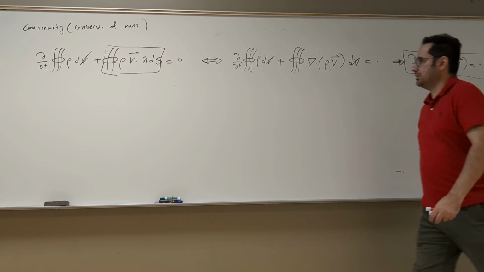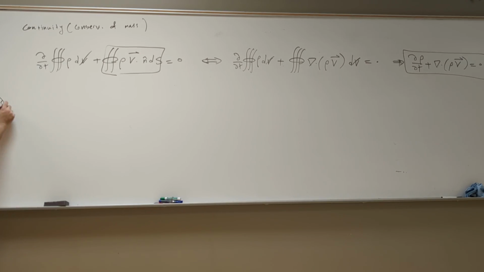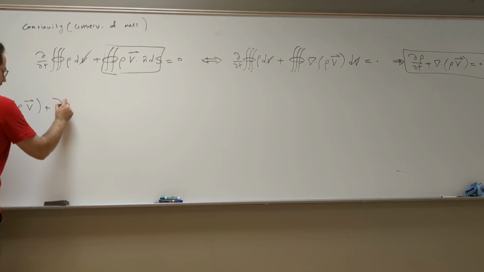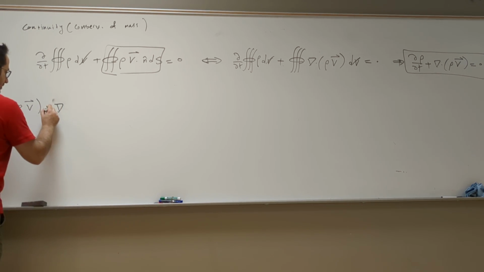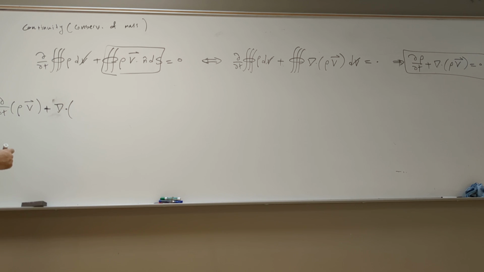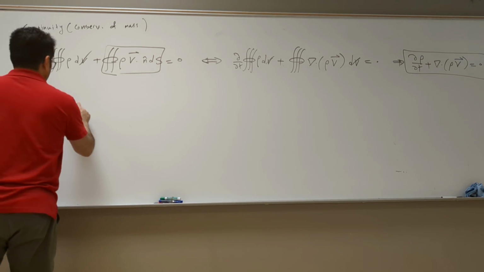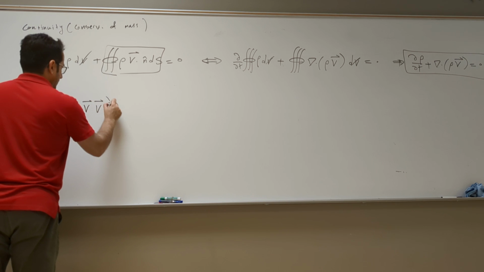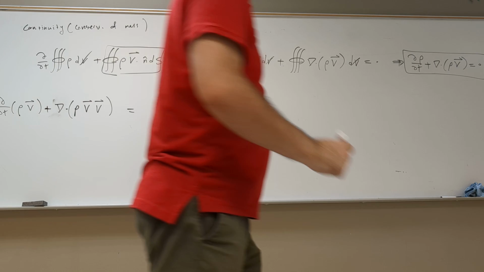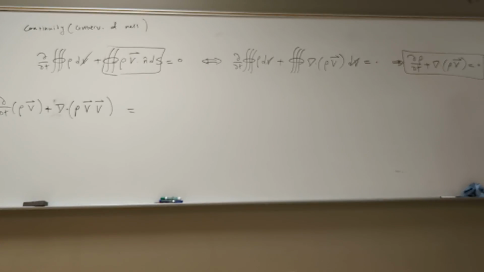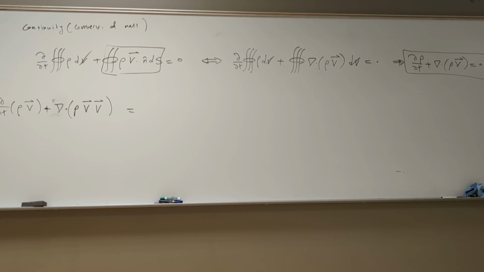So this equation, you have partial t of rho v plus divergence of rho v v, is equal to, you see, when you take the divergence of this thing, only the derivative in the normal direction of that direction remains.